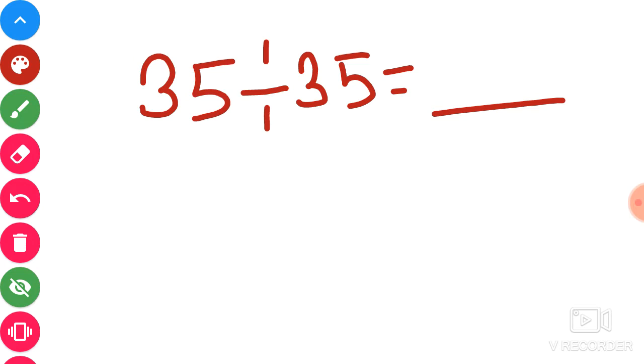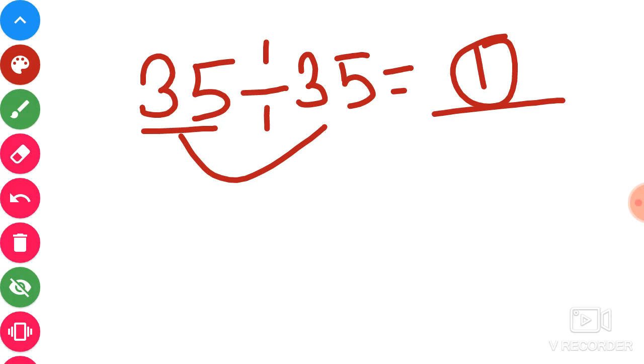Tell me what we will get here. 35 divided by 35. We will get 1. Whenever we will divide a given number with a number itself, we will get 1 as the answer.